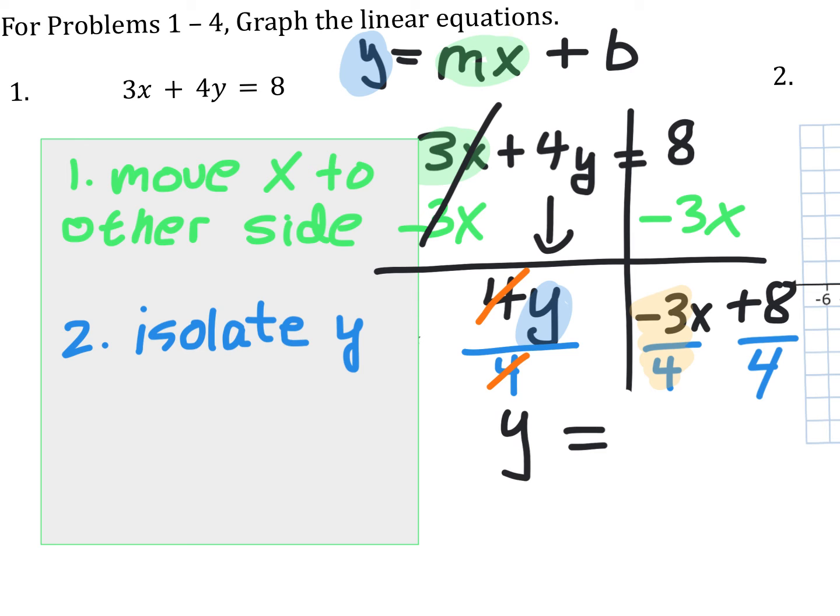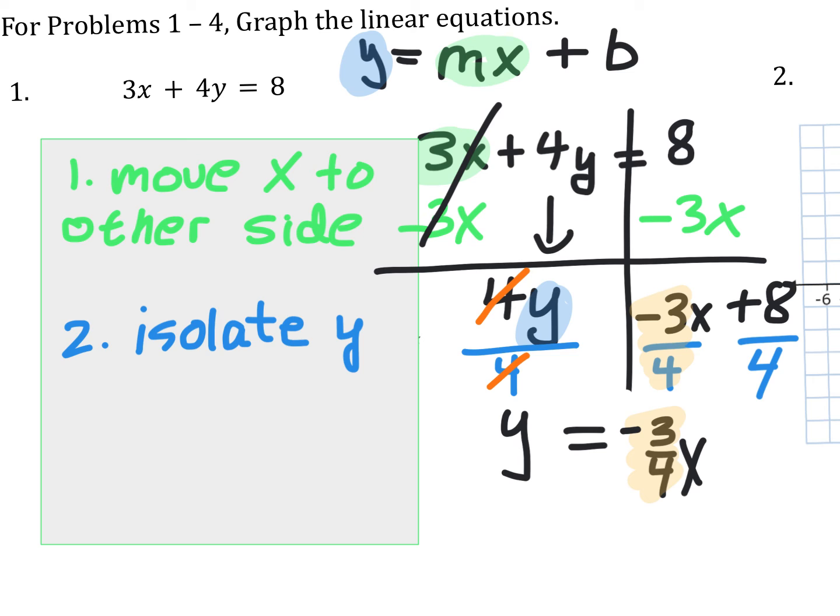So 3 divided by 4 does not turn out to be a whole number. However, 3 over 4 is a simplified fraction. So I'm going to rewrite it as that 3 over 4. And I need to make sure not to forget that negative that's with it, since there's one negative there. That means it's going to be a negative 3/4 x. So that's going to become my slope.